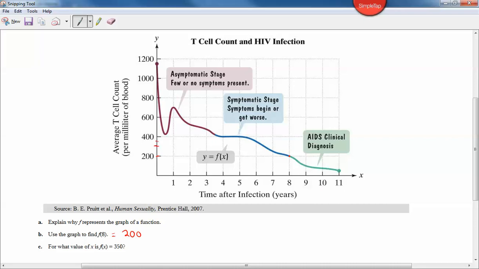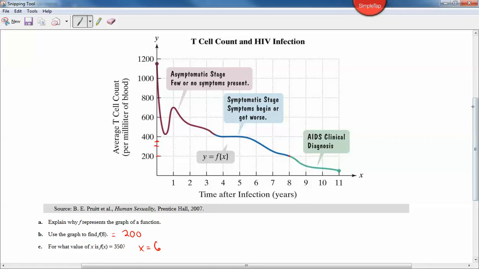Then halfway between that and 400 would be 350. So if I trace this over, I could figure out what X that corresponds to. And what does it look like? 6. Alright, so X equals 6 would be the value of X that would give me 350.